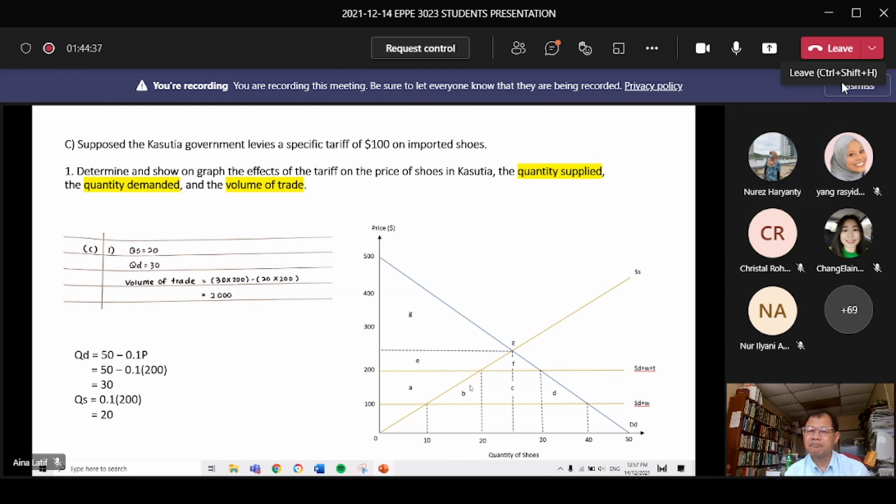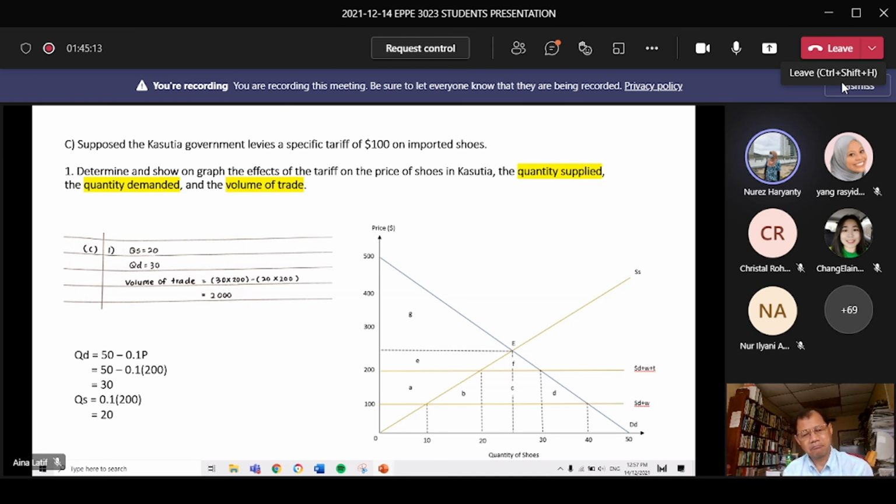For the quantity supplied, you can get 20, from the intersection of the straight line at 200 and the supply curve.